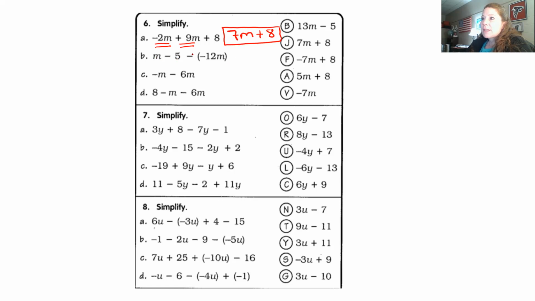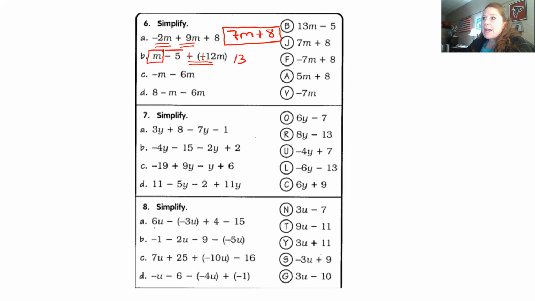So letter B, first thing I'm going to do is do bam, bam, bam, bam. So now I have a positive 1m. If it's a 1, you're not going to see the 1 because 1 times m is m. So I'm going to add 1m plus 12m. 1 plus 12 is 13.